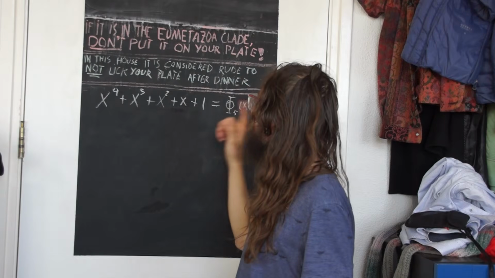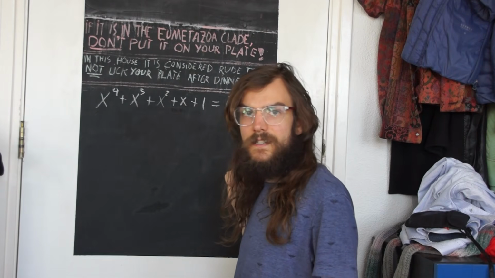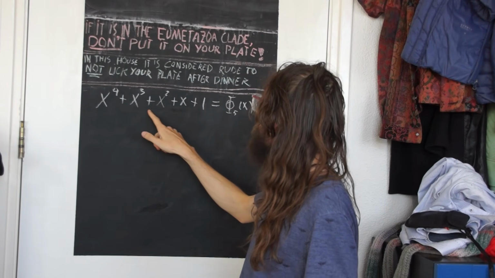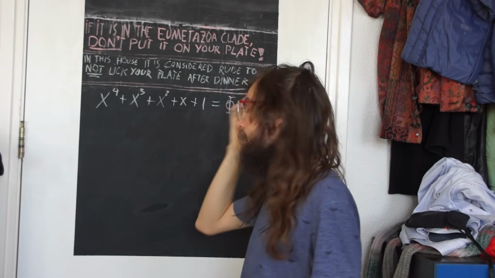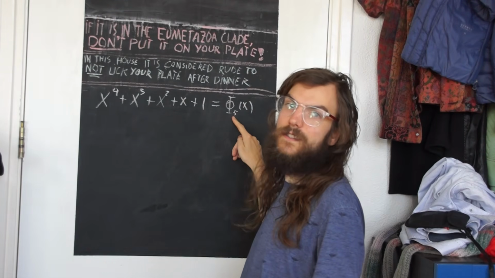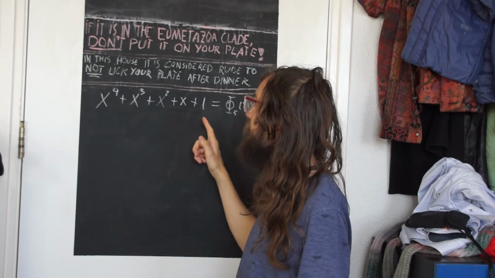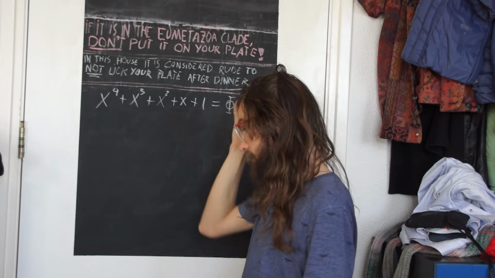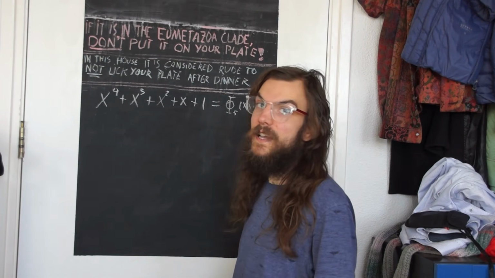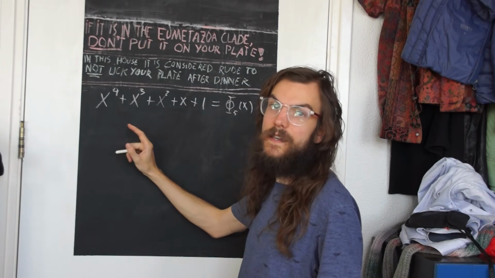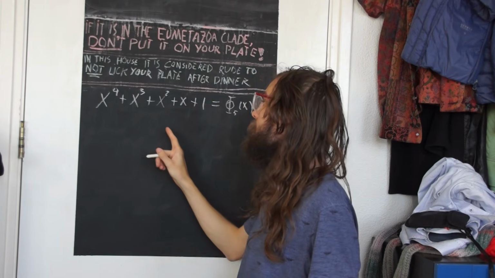So we've seen that our fifth root of unity is a solution to this polynomial, which is also known as the fifth cyclotomic polynomial. That's not on the test. This also happens to be an irreducible polynomial.